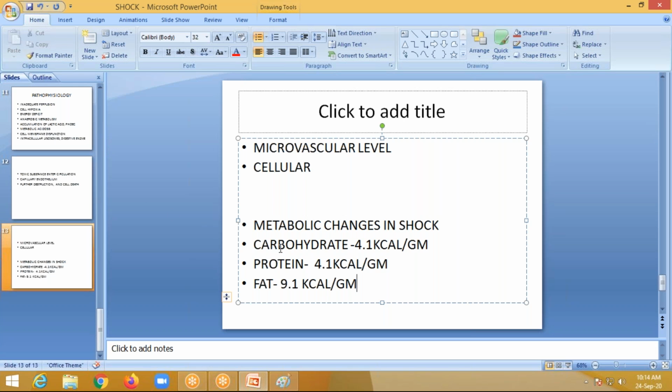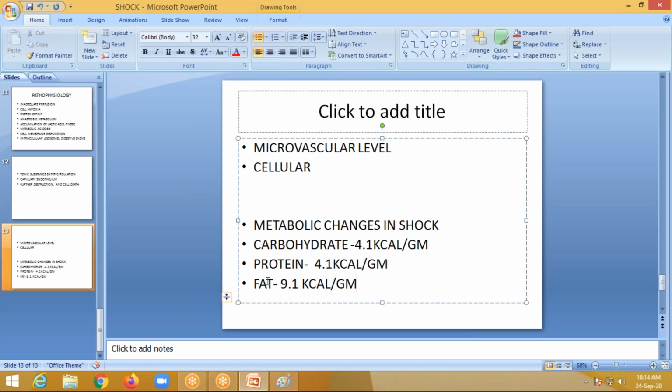So to increase ATP, the body's components like carbohydrate, protein, and fat will be depleted. In carbohydrate, hepatic glycogen is depleting, so it will release energy. In protein, there is increased protein catabolism and conversion of amino acids to urea, which leads to release of some energy which will be utilized by the body.